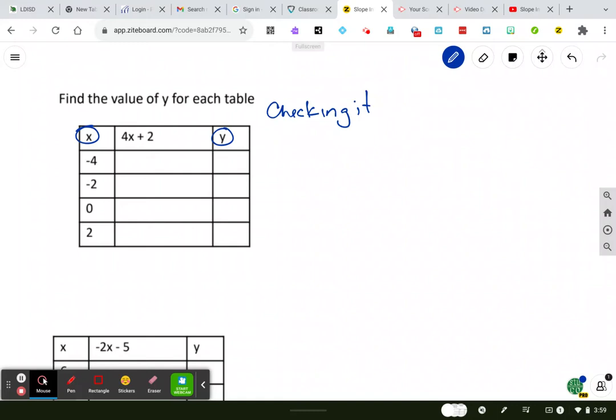So let's do that. 4 times negative 4 plus 2. That's negative 16 plus 2, which is negative 14.